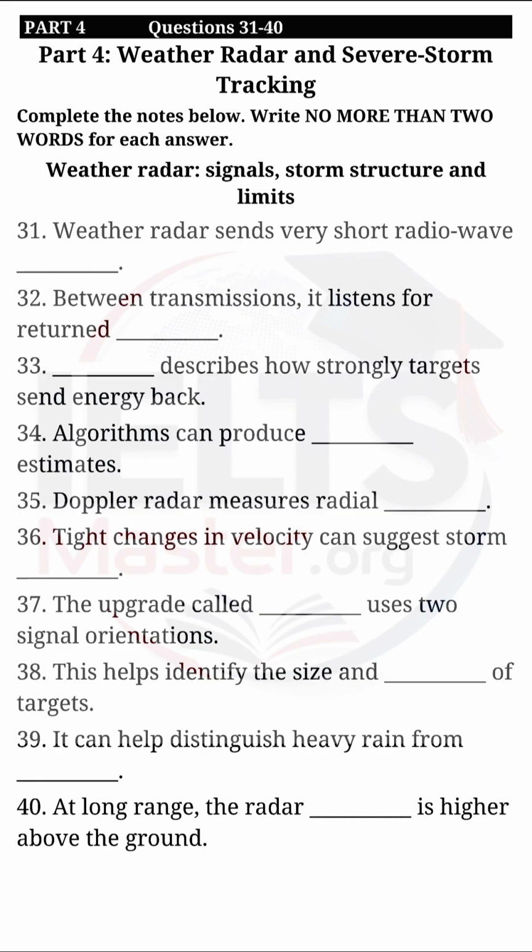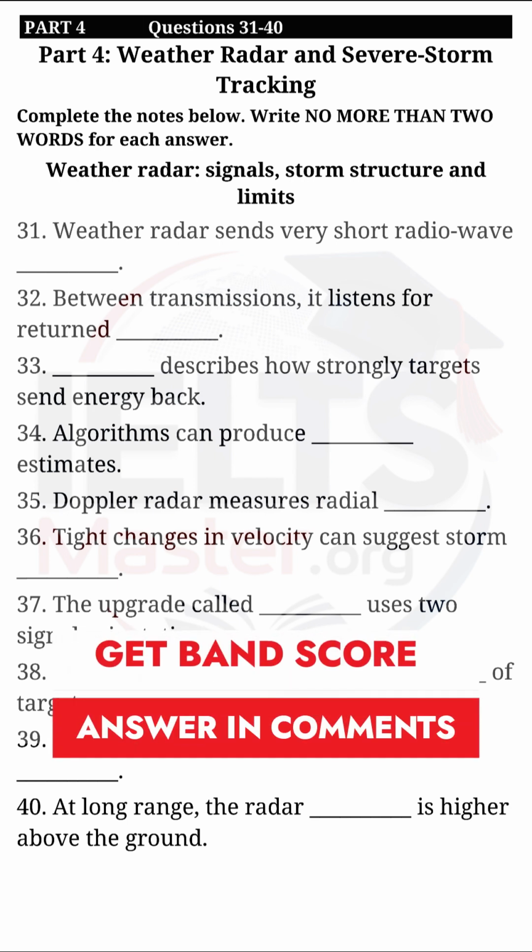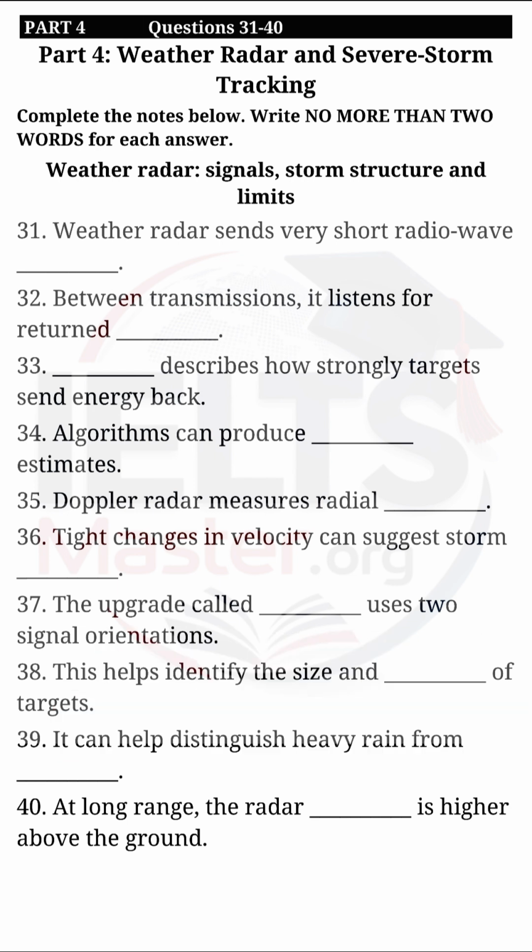Large raindrops, wet snow, or hail can all produce strong returns, so reflectivity is not simply a picture of rain. However, algorithms can use reflectivity to estimate rainfall, especially when combined with other information such as the height of the beam and the type of particles detected. This is why radar rainfall estimates are valuable, but they still need interpretation.